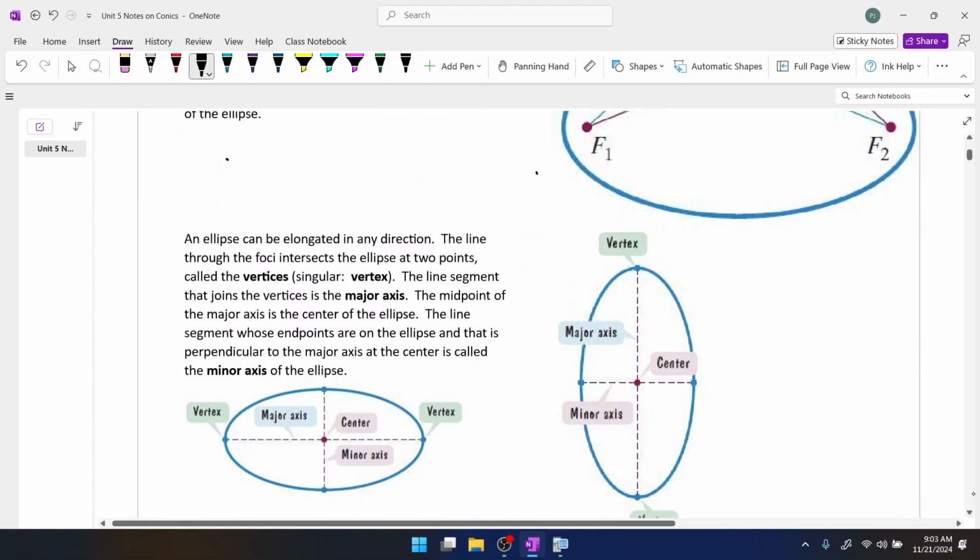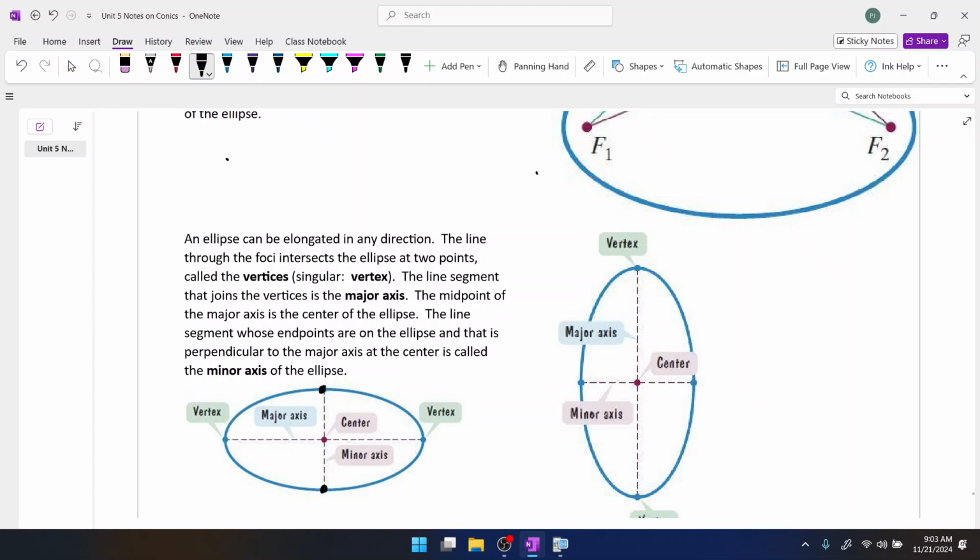Now, an ellipse can be elongated in any direction. The line through the foci will intersect the ellipse at 2 points called the vertices. Now, if you wanted to get kind of technical, these could be vertices too, but we're going to call them vertices at the ends of the major axis.